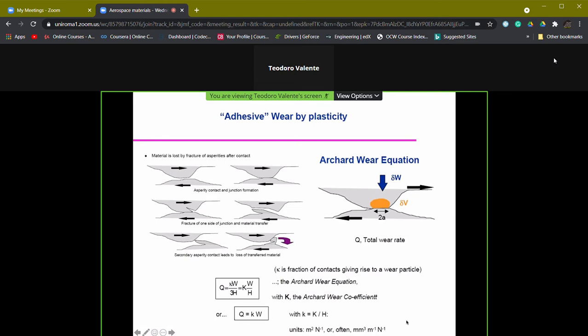Just to make a link, wear and corrosion can exist together, and they are two synergic phenomena. In order to avoid corrosion, we have seen that we need to select properly the materials, or in the case in which this is possible, to use surface engineering techniques to modify the surface properties.